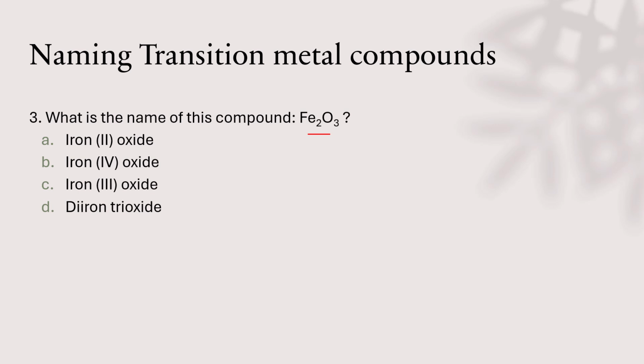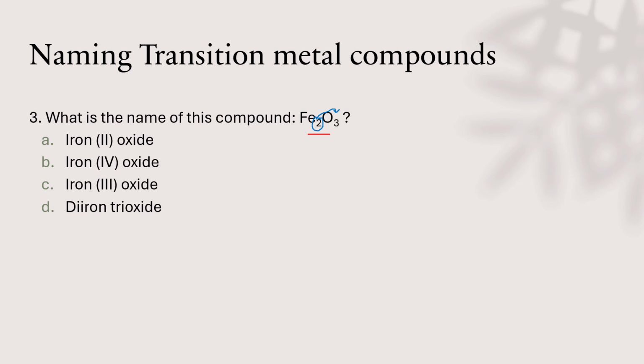To figure out the name of it, this 2 subscript that's on iron is the charge on oxygen, and you can double check that because if you find oxygen on the periodic table, it's in group 16, and most elements in group 16 like to form a -2 charge because they're nonmetals, and they're 2 away from having their full octet.